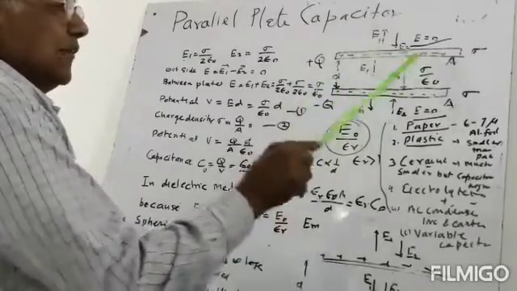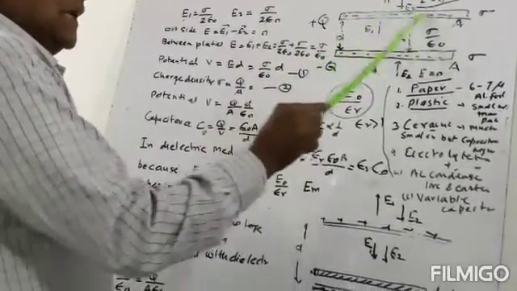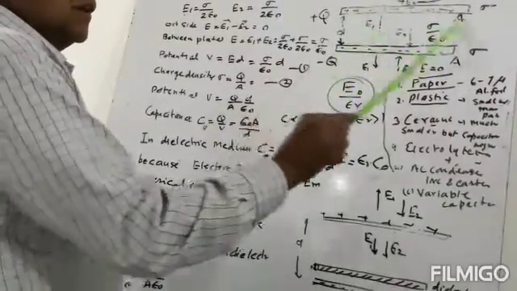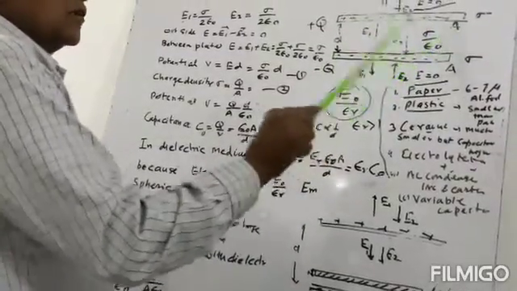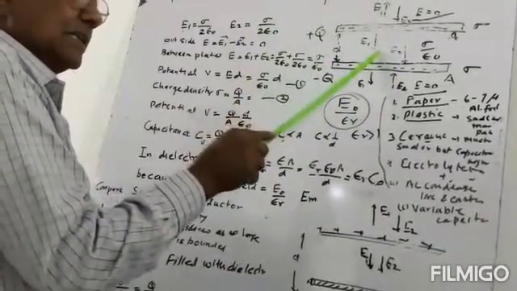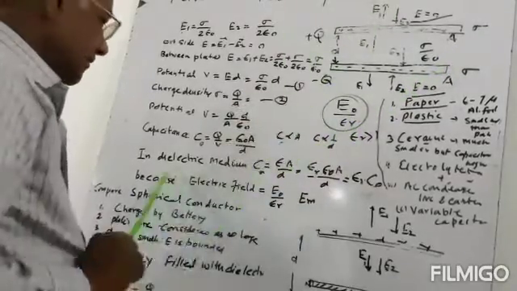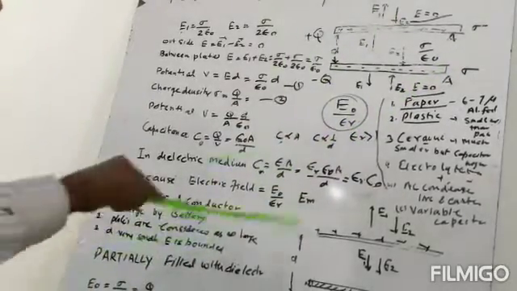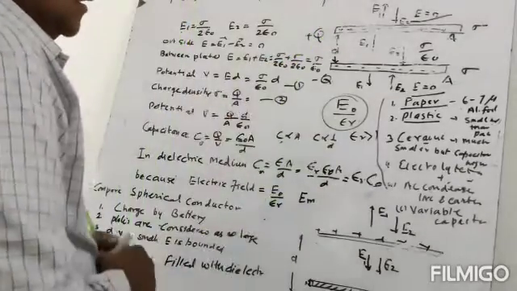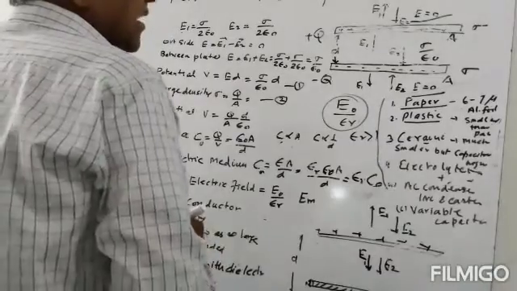And the electrical field, as I have told you earlier, in between the plates is bounded. It is not distributed. So the energy stored can be used instantly for the production of high current. Now what types of parallel plate capacitors are there?